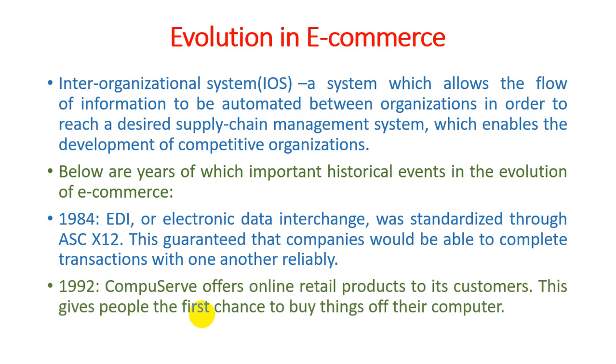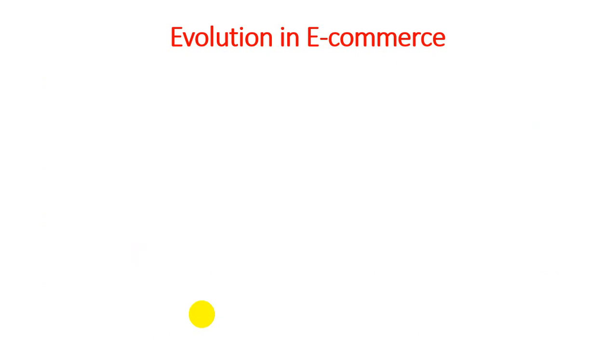In 1992, CompuServe offered online retail products to its customers. This gave people the first chance to buy things on their computers. It means it is the first company that could sell products in this online market in 1992.